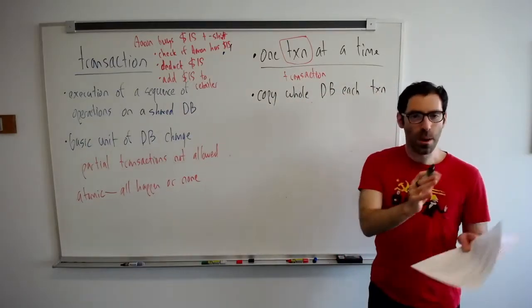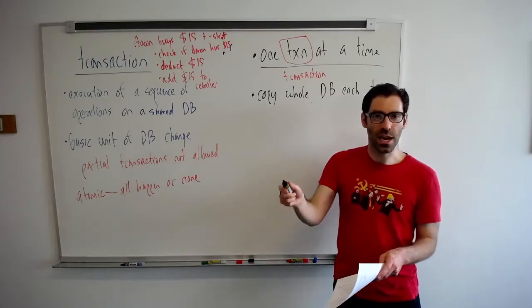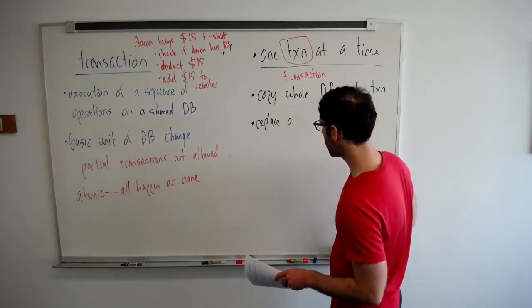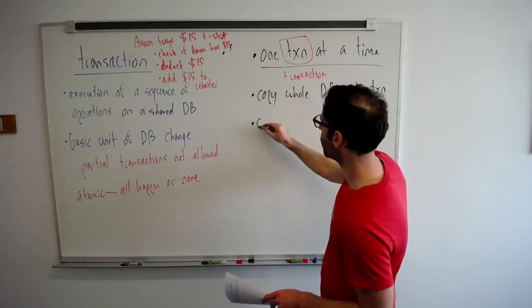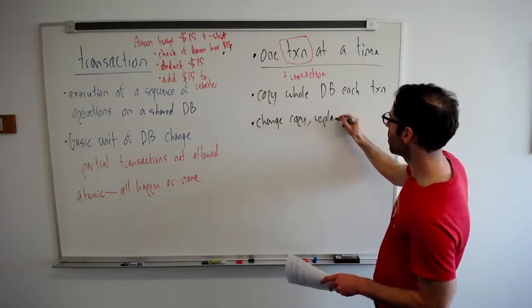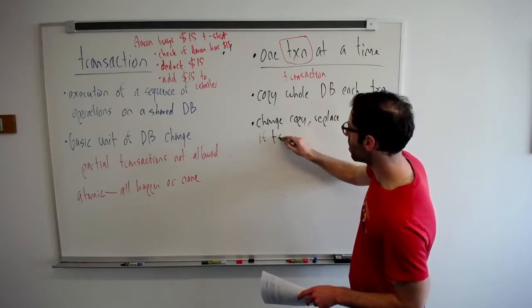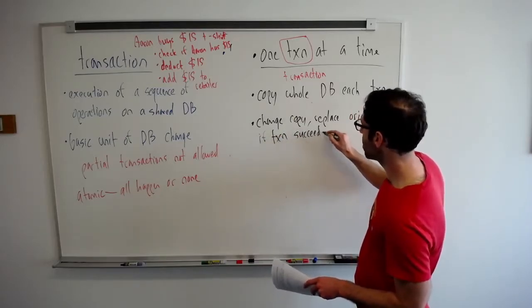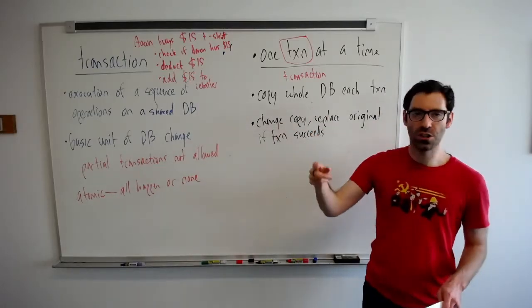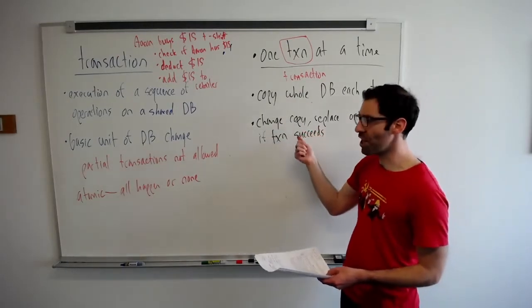and we start out by making a copy of the whole database, and then we only make changes to that copy, so we would change the copy, and then if we get through the whole transaction, it all succeeds, then we would just change a pointer to say, all right, the database file is actually this copy instead of the original that has the changes.